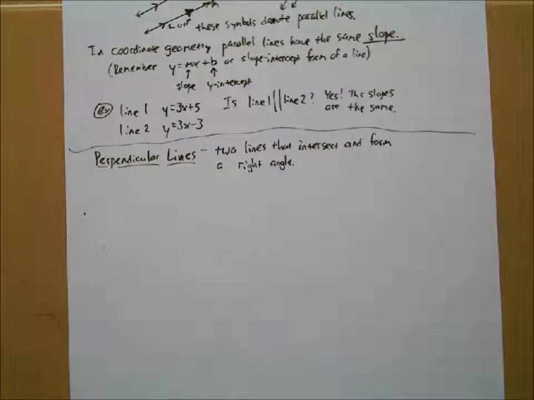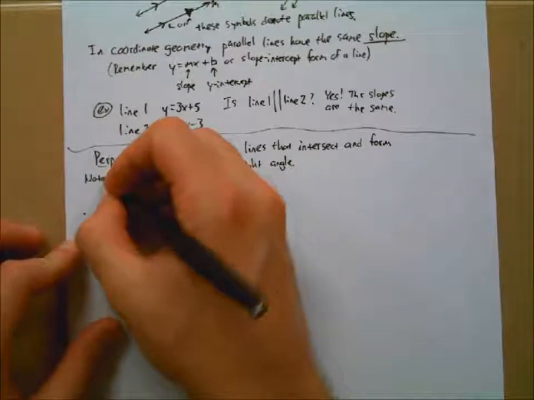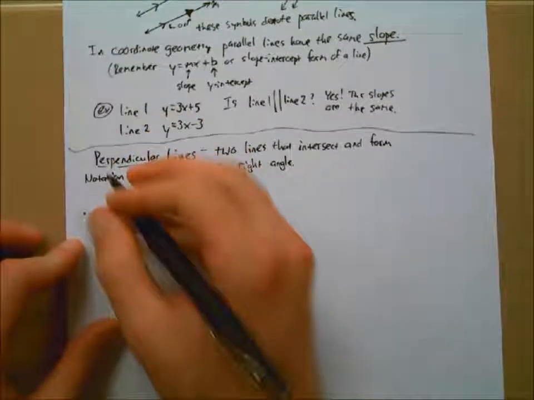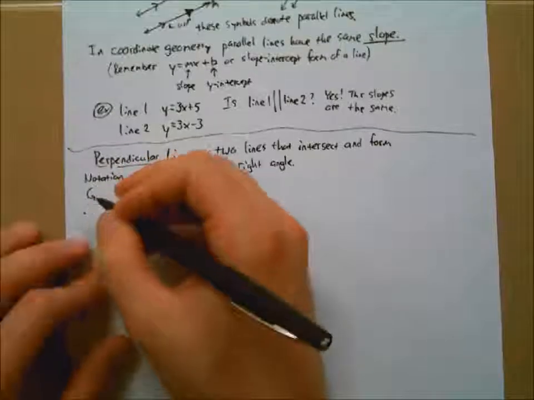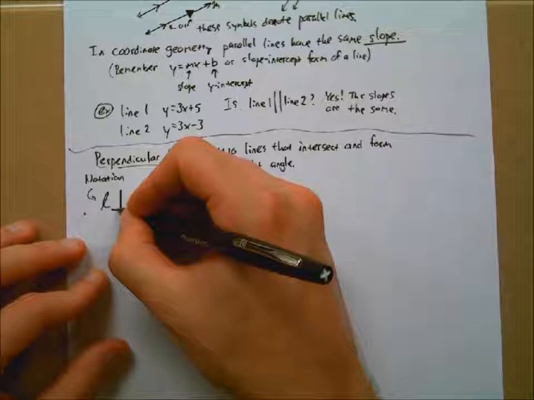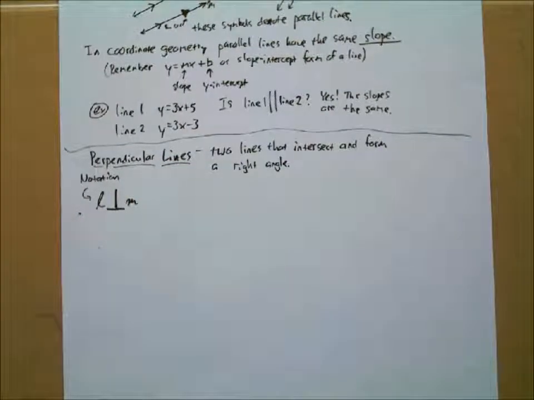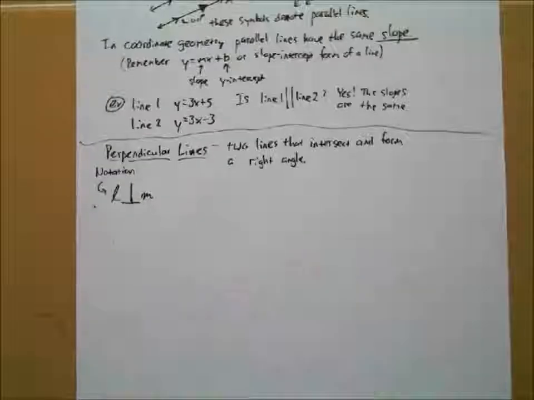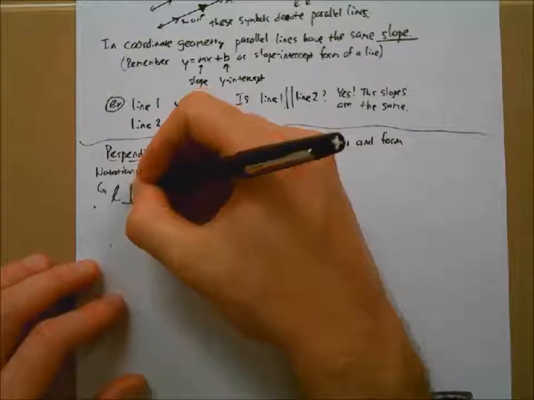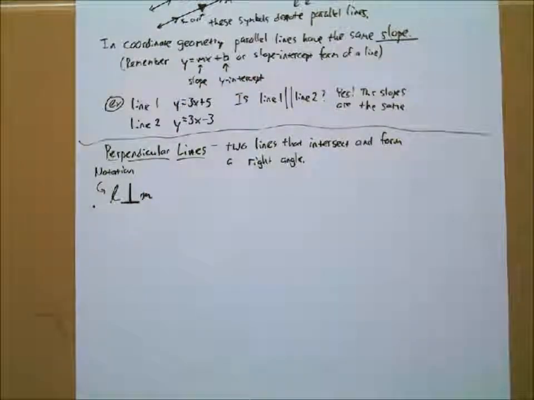Okay, these also have a notation. It's gonna blow your mind here. Ready? Here we go. L, and then we're going to draw two little perpendicular lines. That's the notation to describe perpendicular lines. I guess you call them segments because they don't have arrows at the end of them.